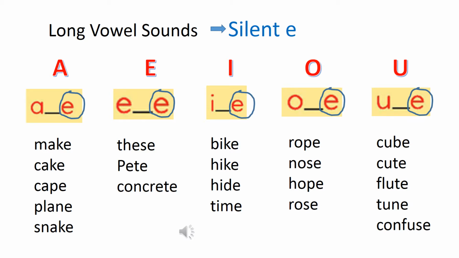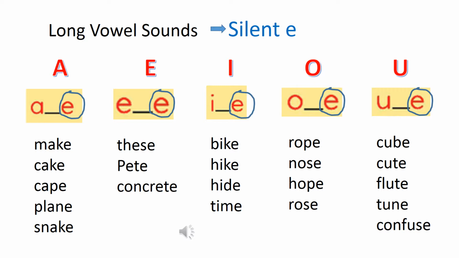The silent E on the end of the words with an E in them makes that E sound long. These, Pete, concrete. And under the vowel I, the silent E makes the I in these words sound long.